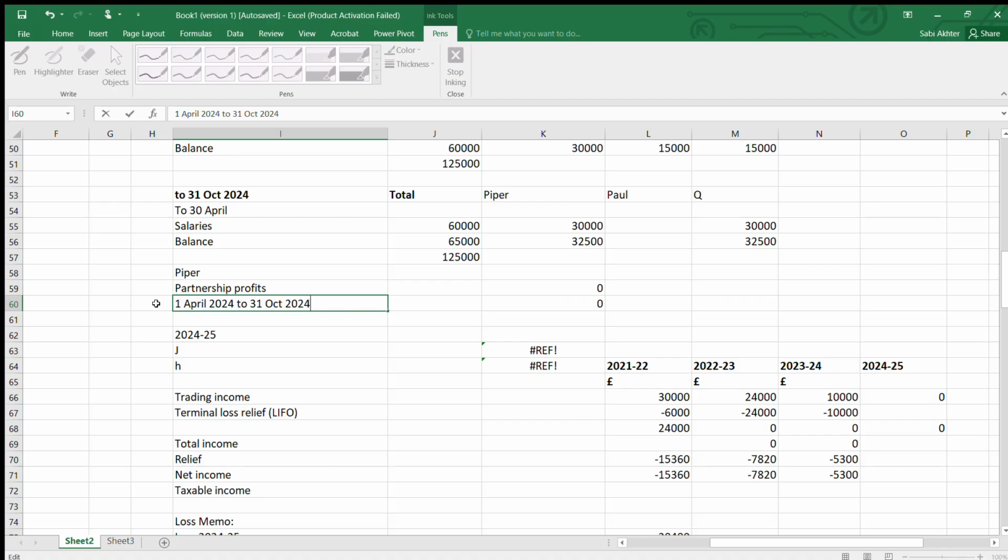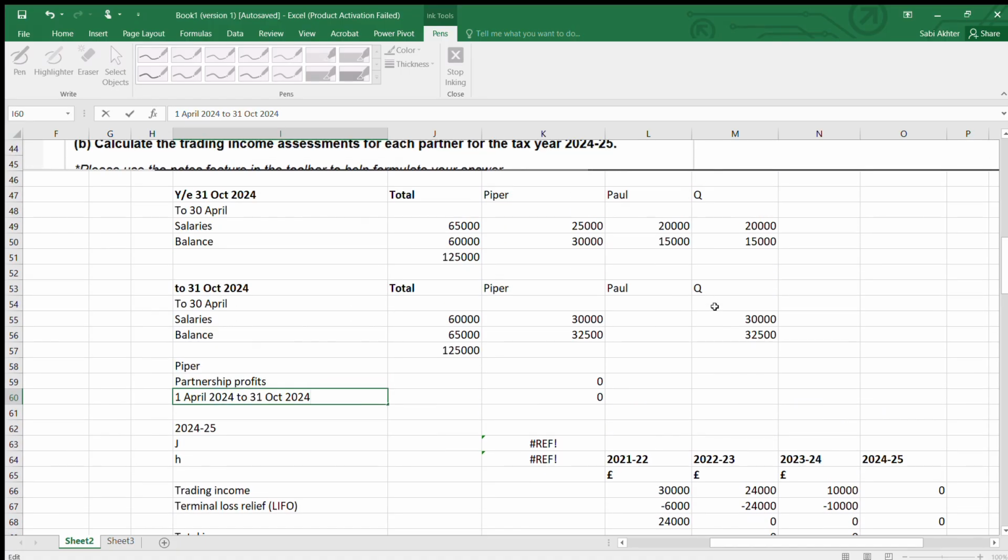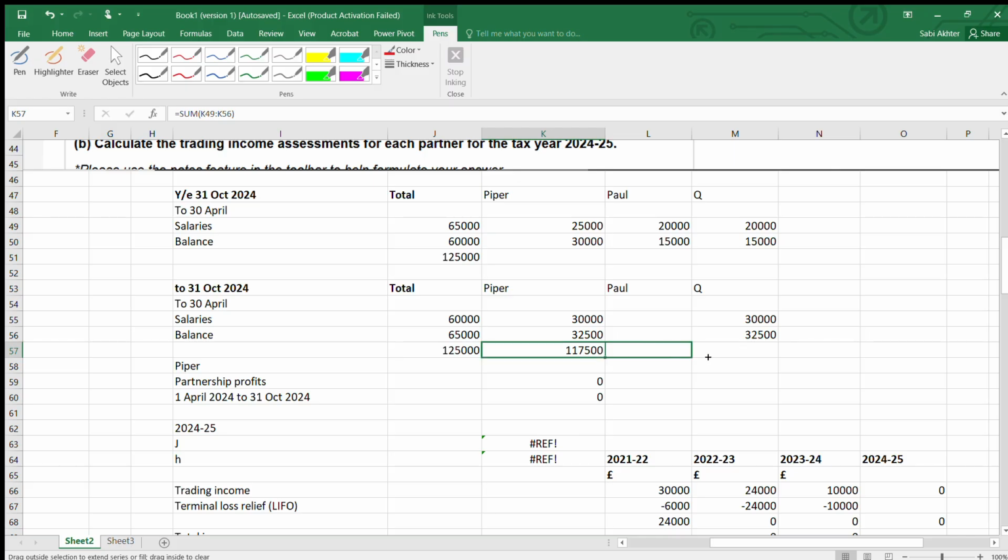So here, when we go, which profit should you take? We forgot to take the sum function here. Okay. So it's 117,500.